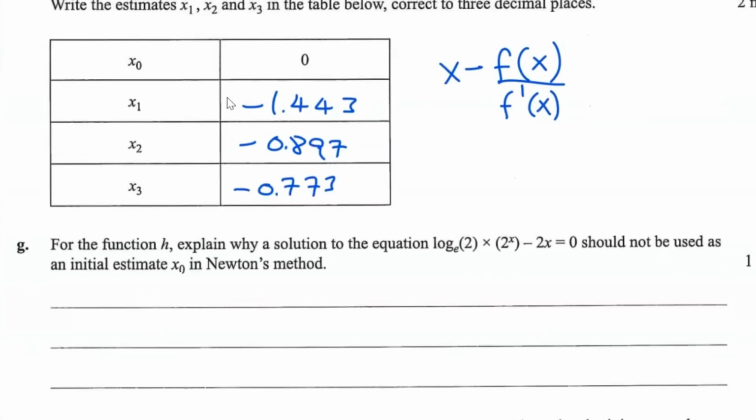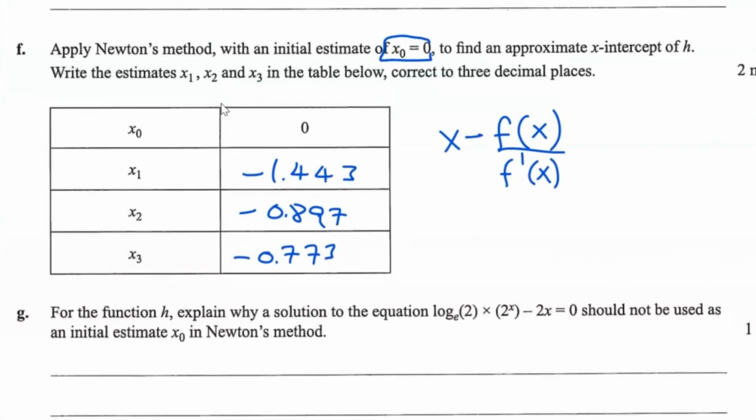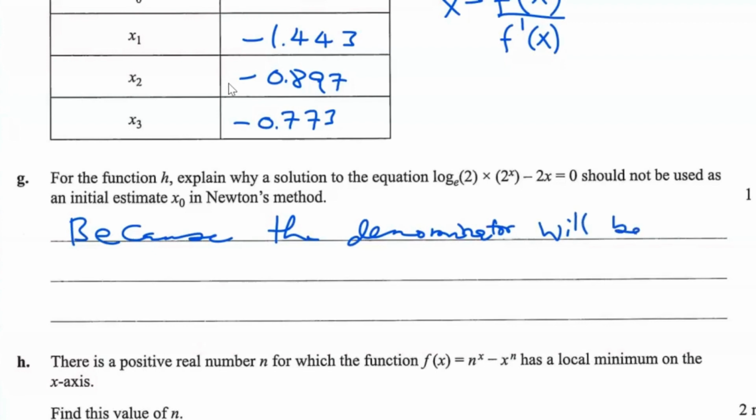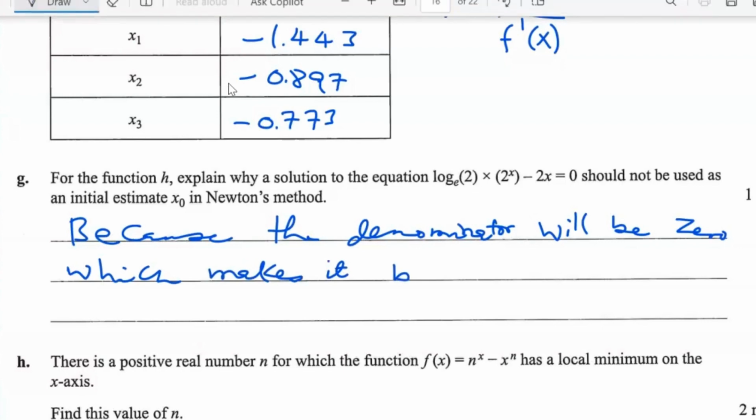Because the denominator will be 0, which makes it undefined, and that's why I had to do it separately.